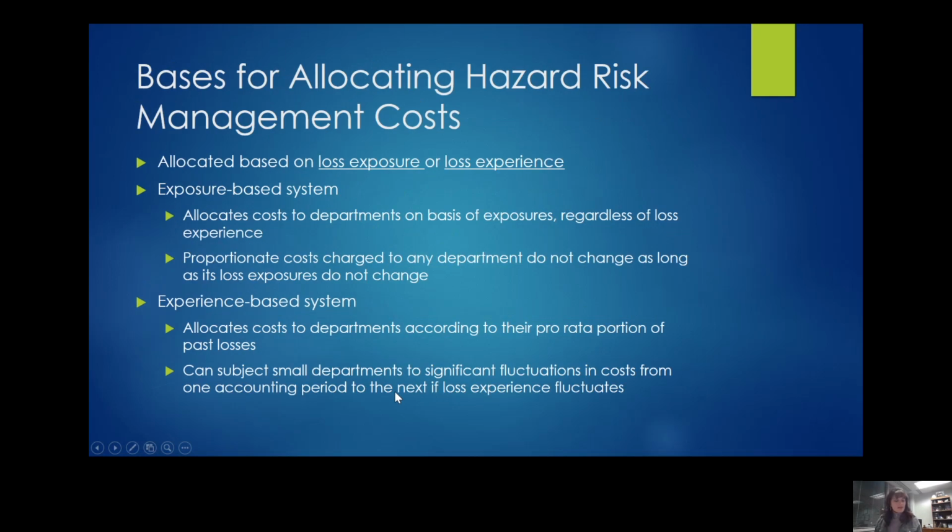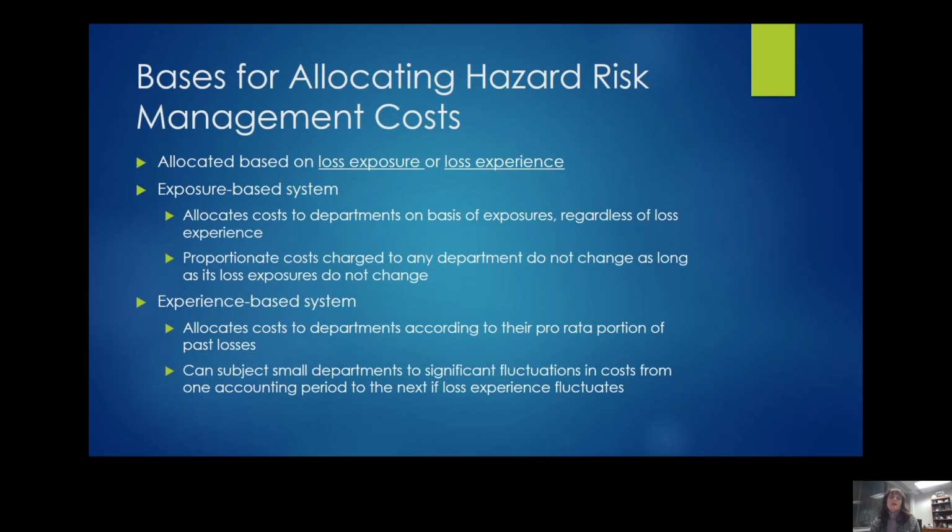So we've talked about this in other classes, and when we allocate costs, what is the basis for which we're going to allocate costs? You can either allocate based on your total exposure, or you could do it based on loss experience. So to give you an example, property, they're going to estimate that on your potential exposure, and a lot of times do that based on square footage, or they do it based on your insurable values of the property you're insuring.